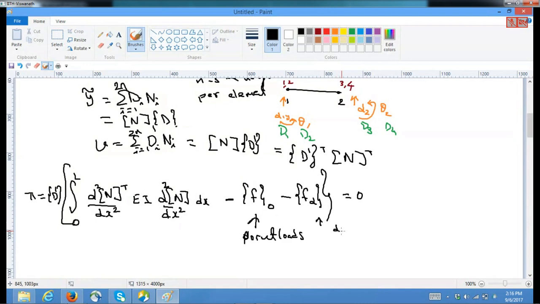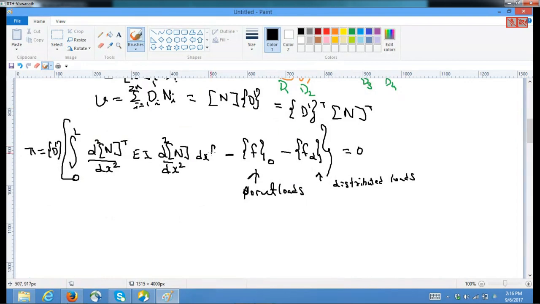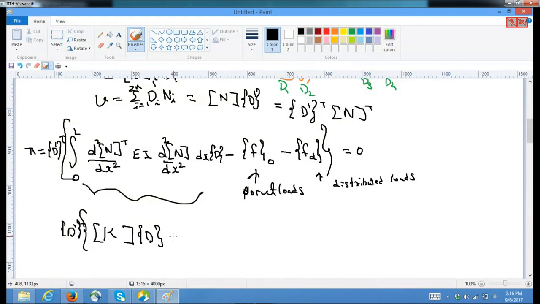This is coming from the distributed loads, and sorry, I also missed one more term. This is capital D. So then we said this can be written as k times D, with D dash transpose, minus F naught minus Fd, is equal to pi.